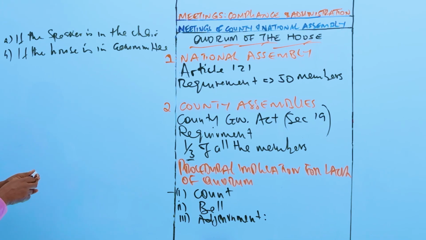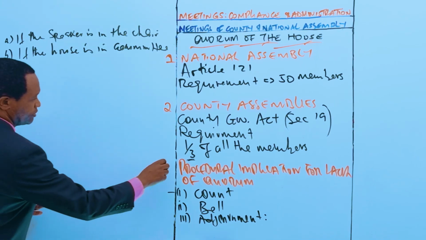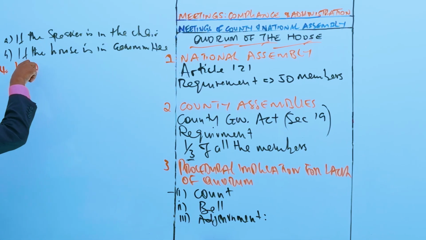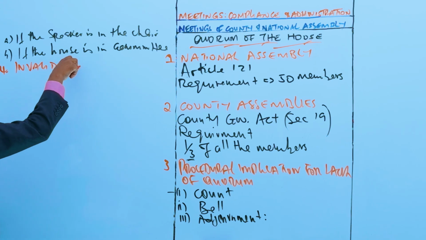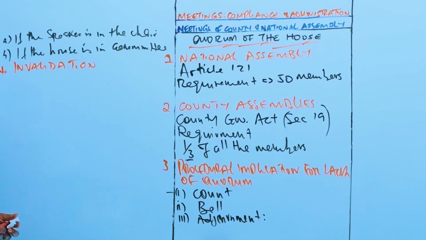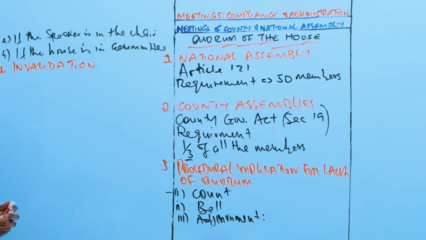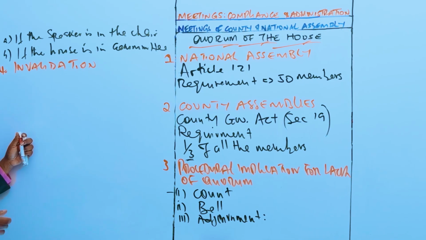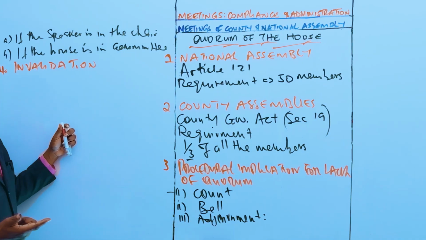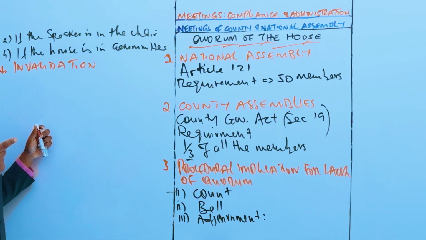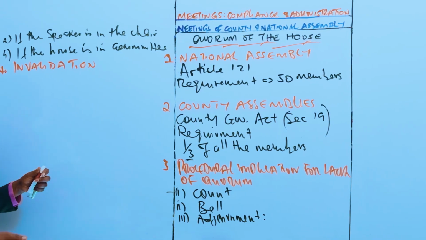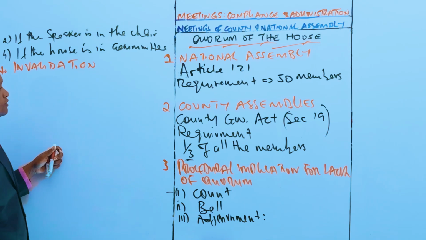Number three is what we call invalidation. Now, if a vote or division is taken and it is subsequently discovered that a quorum was not present, then that vote is rendered invalid and the business must be deferred to a later time or date.